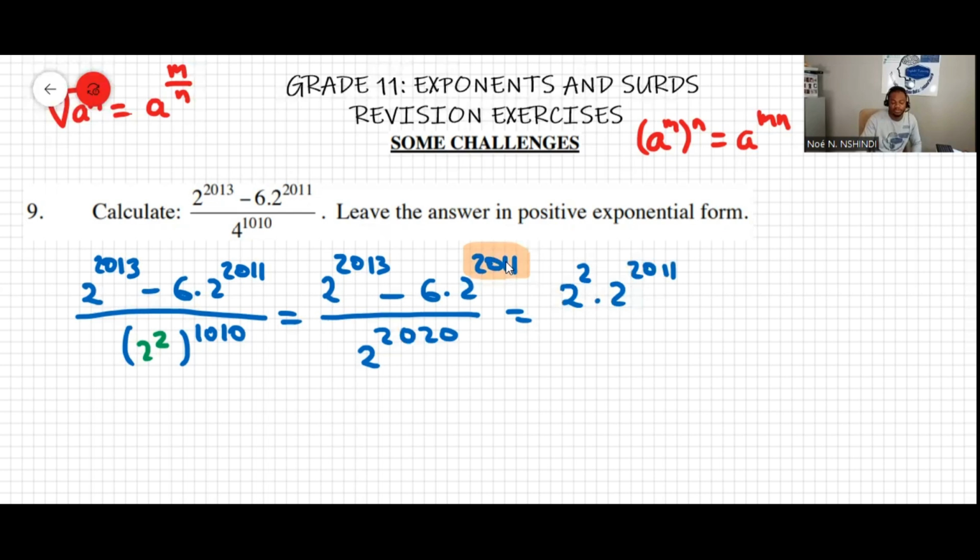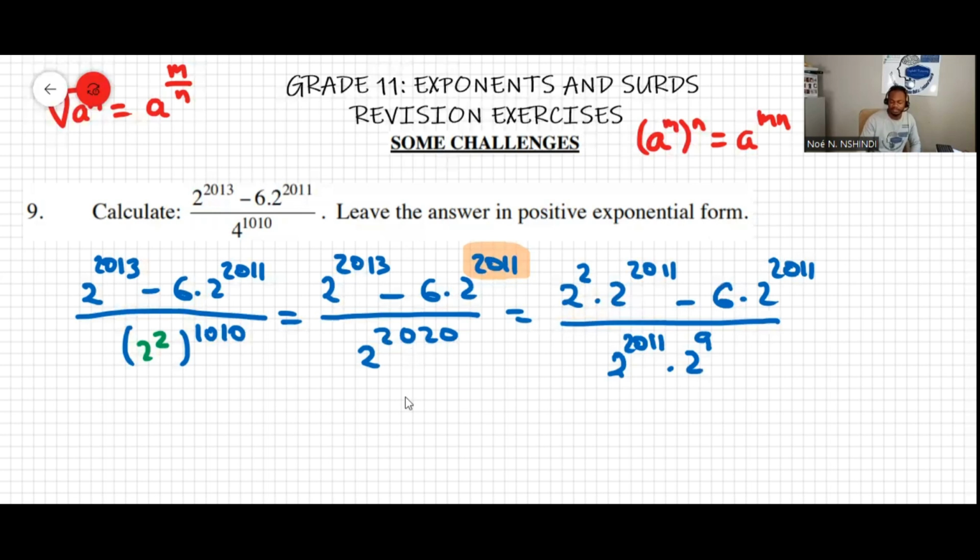So this product here makes 2013, because you add exponents. Minus 6 times 2 to the 2011, and the denominator can be written as 2 to the 2011 multiplied by 2 to the 9, knowing that if I combine here, I'll get 2020.